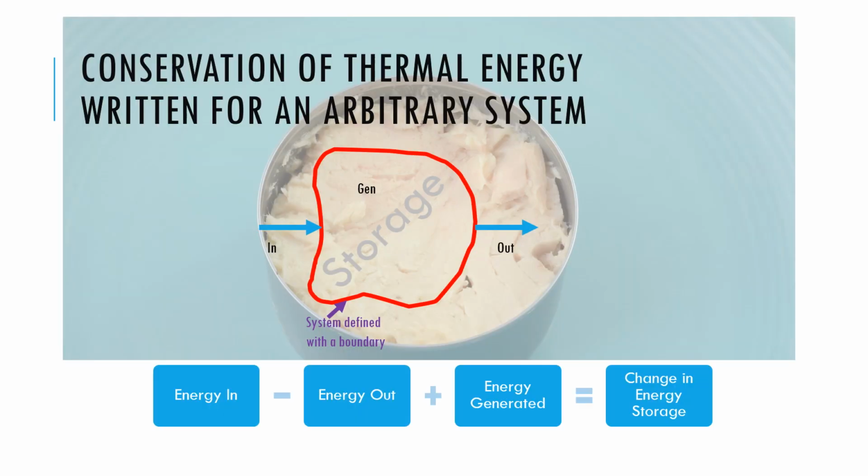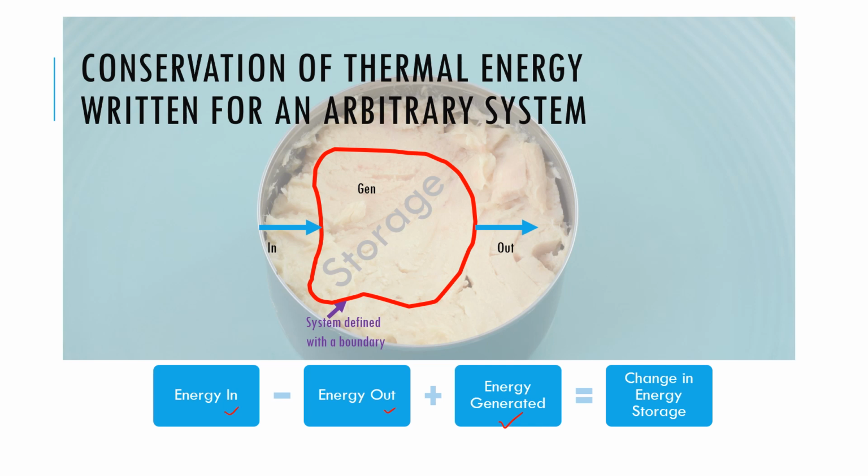Back to this conservation slide. We just talked about heat generation, and then we want to talk about the in and the out terms. The in and out terms are thought of in terms of fluxes of energy coming in or going out.